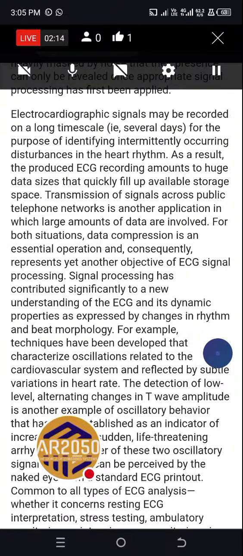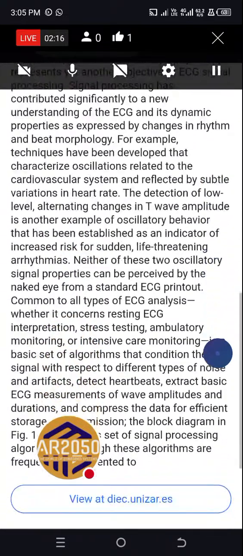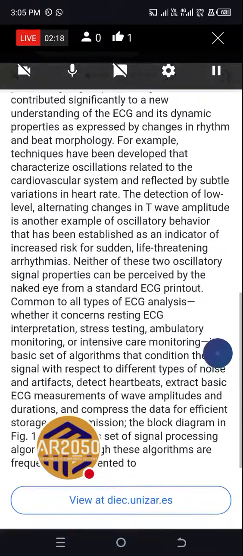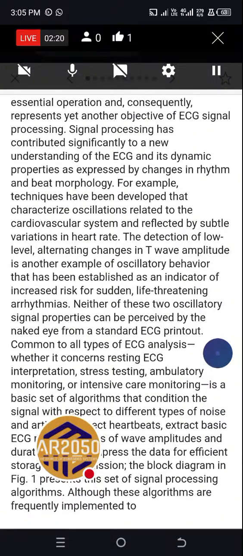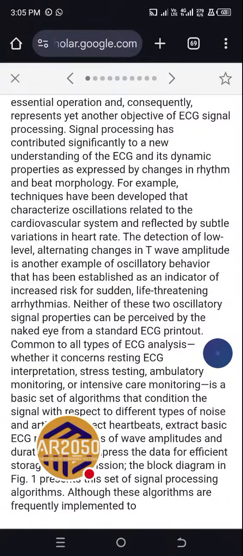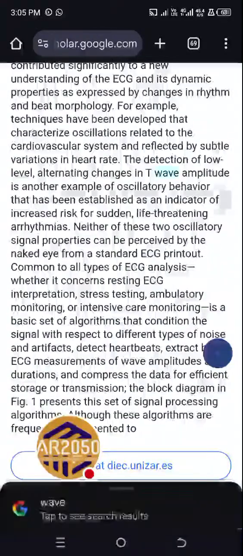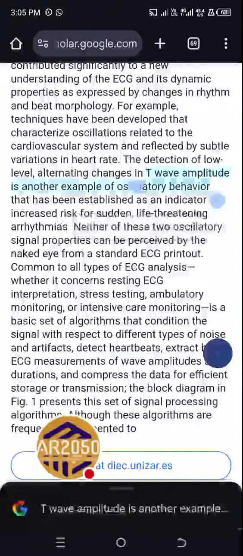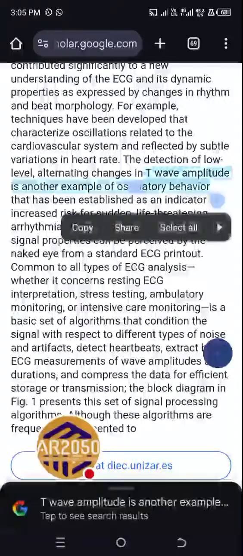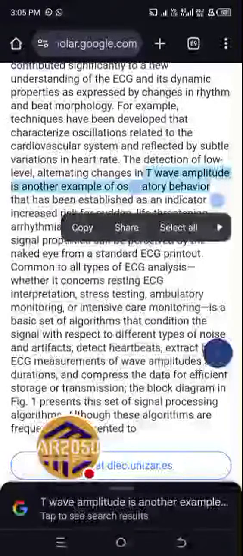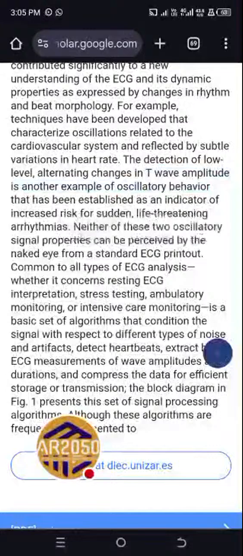So the signal processing, for example, techniques have been developed for heart rate. If you are already aware of the ECG signal, you know the complete ECG wave.